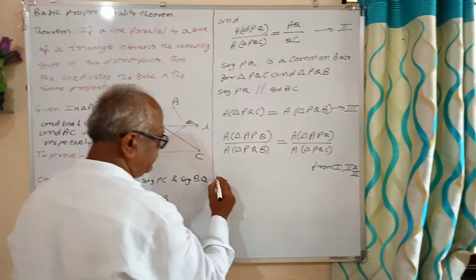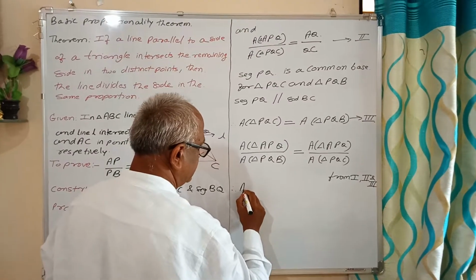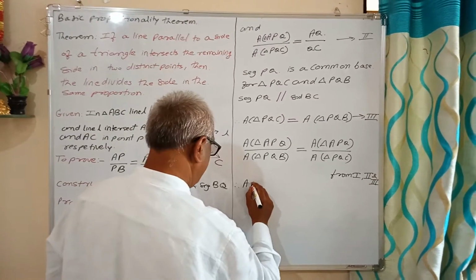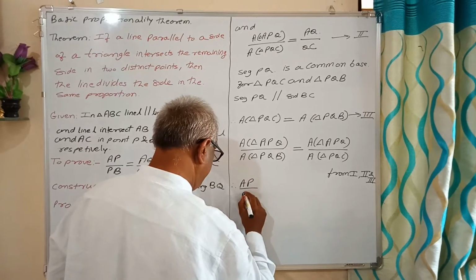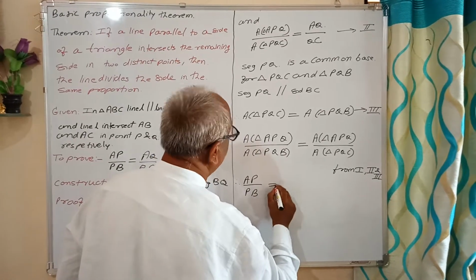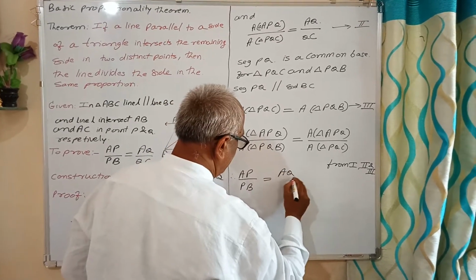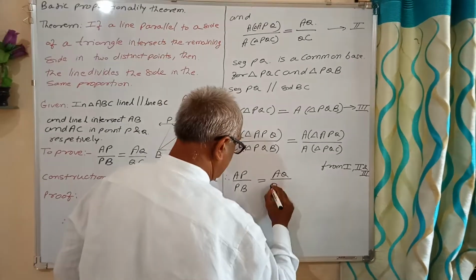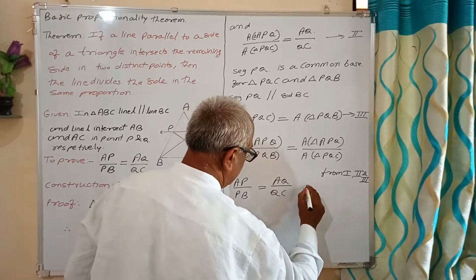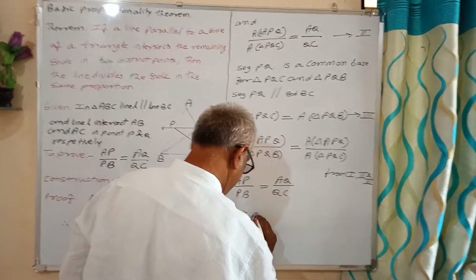Therefore, AP upon PB is equal to AQ upon QC. It is proved.